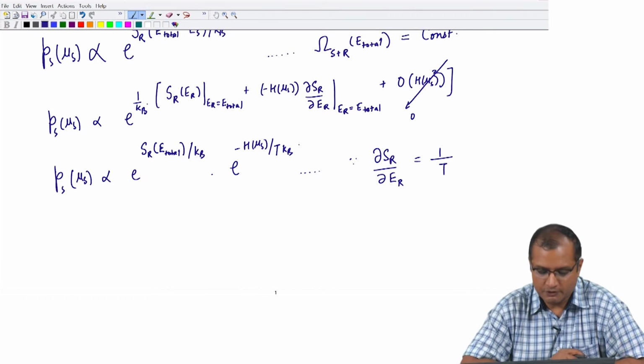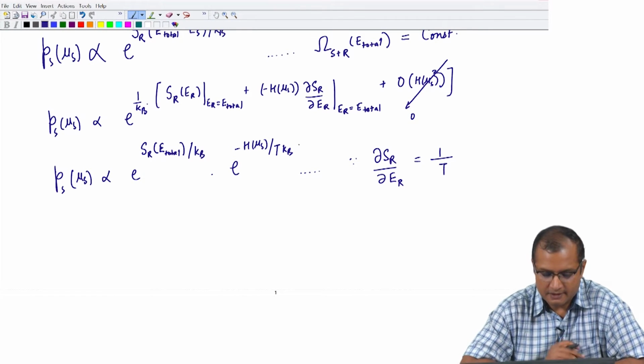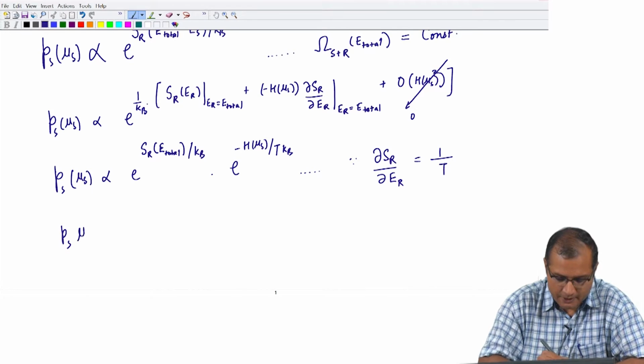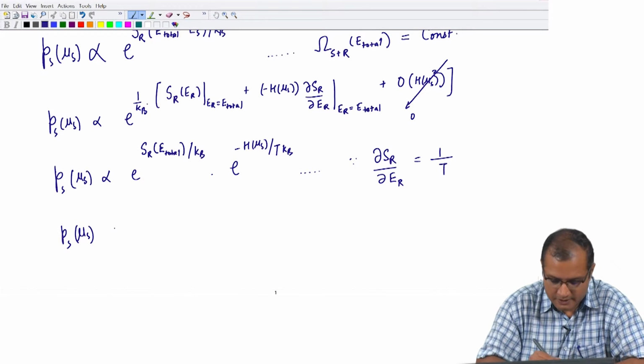Okay. So, you can simply say that the probability of finding the system in a microstate is simply equal to e to the power minus beta h mu s.